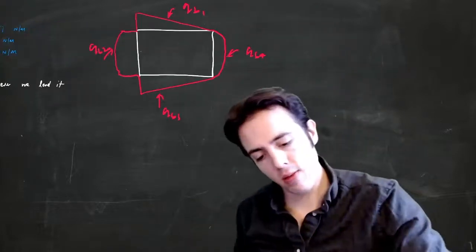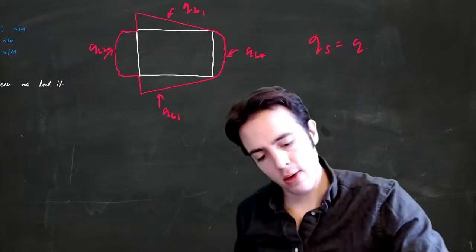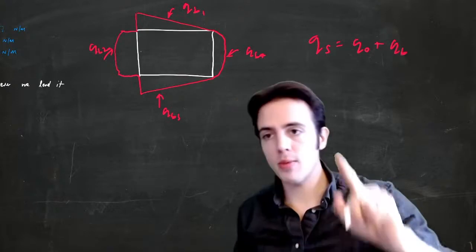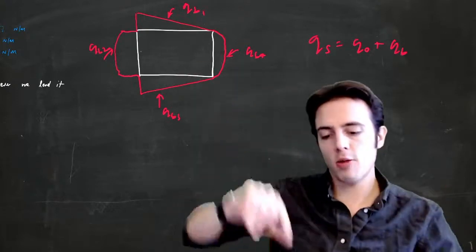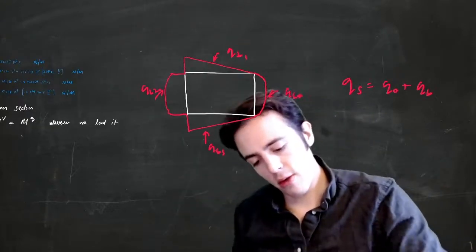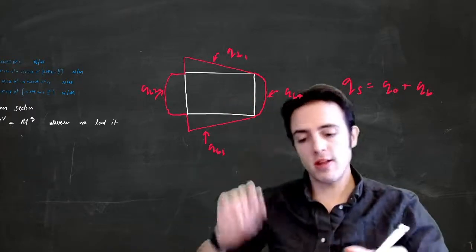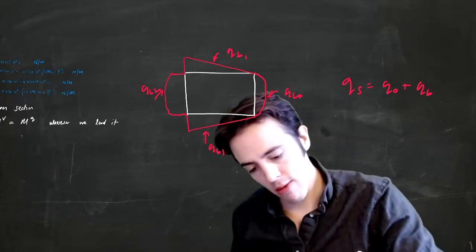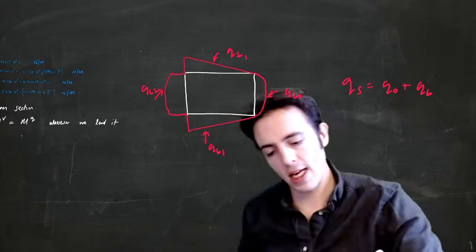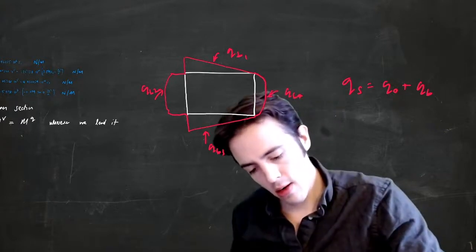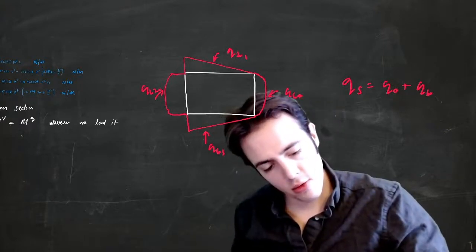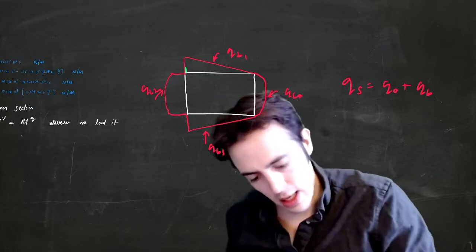So for a closed section, we had QS is equal to Q0 plus QB. The QB would just be the value as if we had this open section. And then we've also got this Q0, which is everywhere. So let's say we've got this constant Q0 that can be added here. So could draw that on with another color.